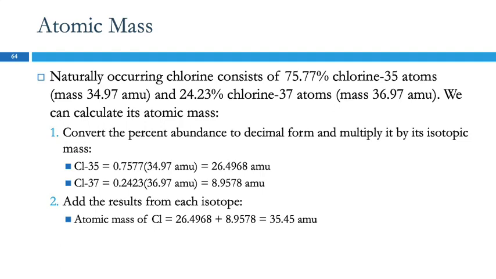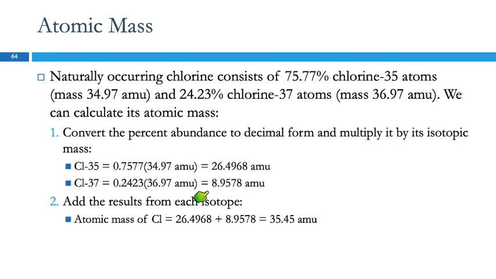So we're going to use the percent abundances, and this is basically calculating a weighted average. So we're going to take the percent and divide it by 100 to make it into a fraction. So the fractional amount times the mass of that isotope, and then we get an amount. And then we take the other isotope, its abundance expressed as a fraction, a decimal, and multiply it by its mass.